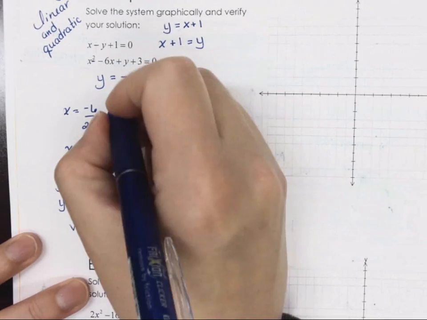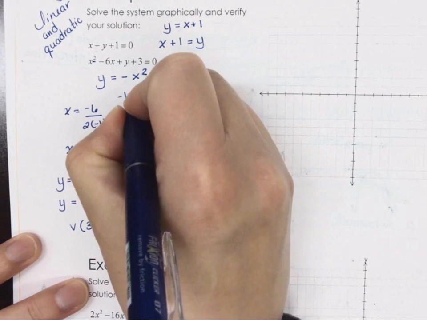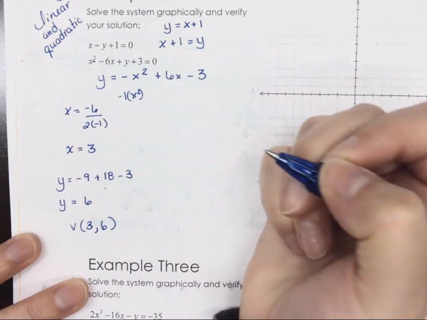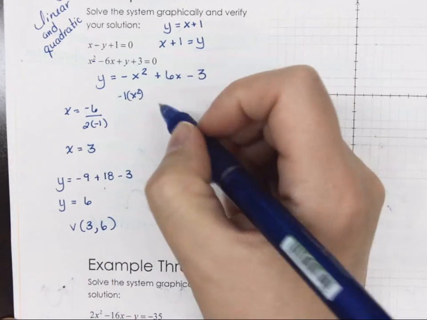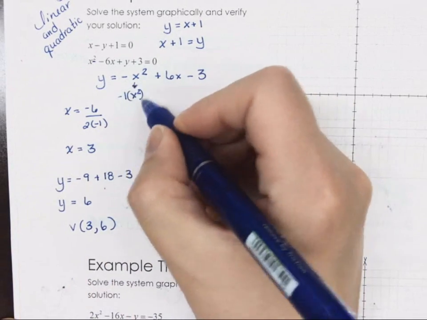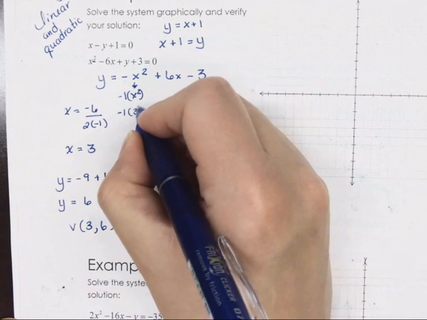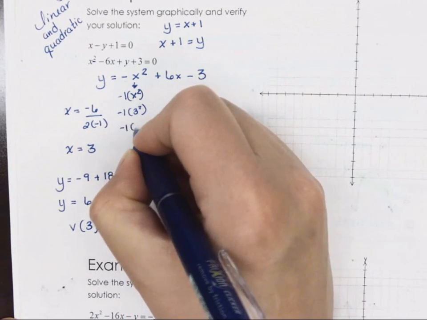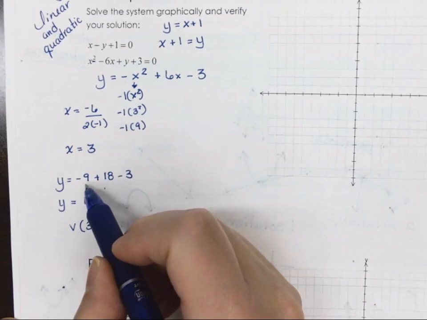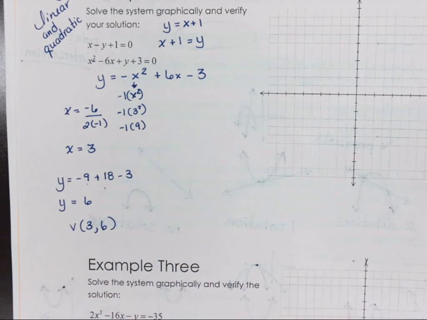Because this is like saying negative 1 times x squared. So I'm going to have negative 1 times 3 squared. So negative 1 times 9 gives me my negative 9. The negative is not attached to the x. If it was, it would have to be in brackets.